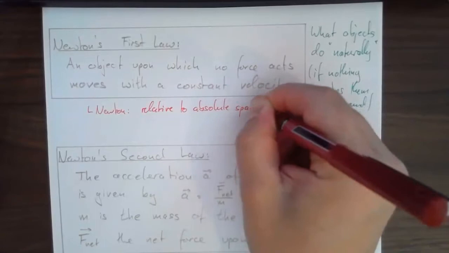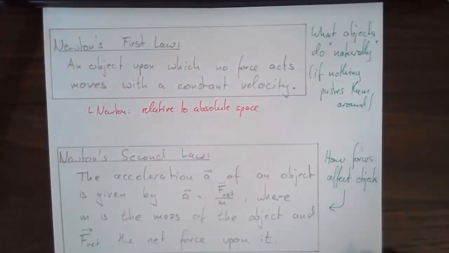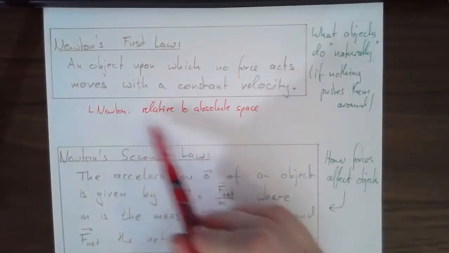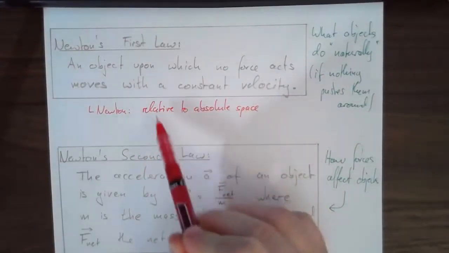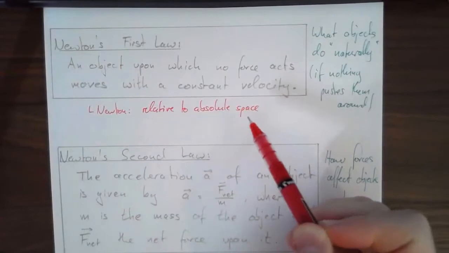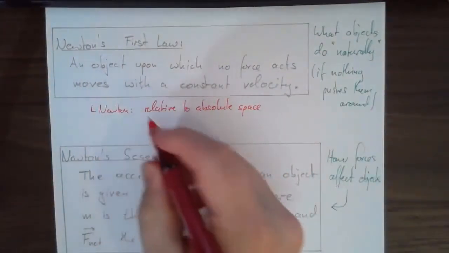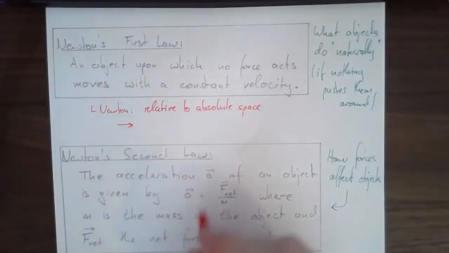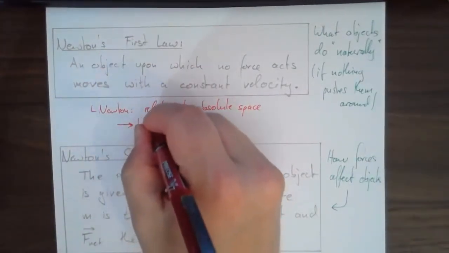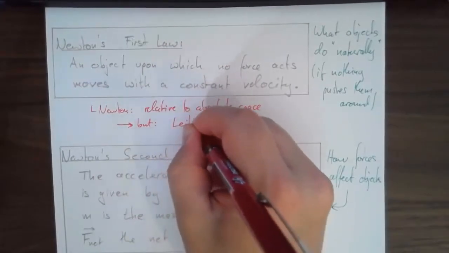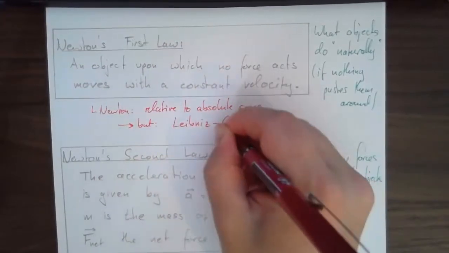To some extent he justified this theologically, philosophically, but even in his time there were challenges to this idea. If you want to read more about that, something really useful I would recommend you read is what's called the Leibniz-Clarke correspondence.